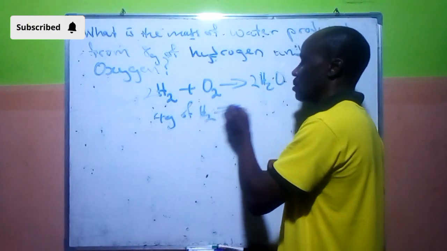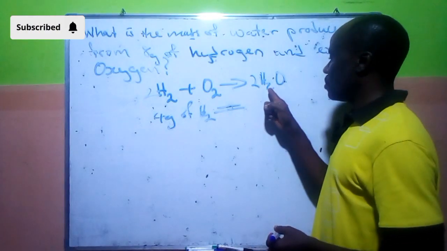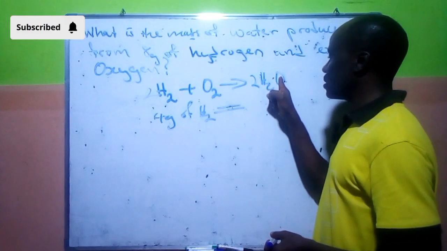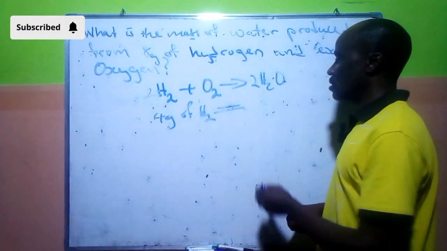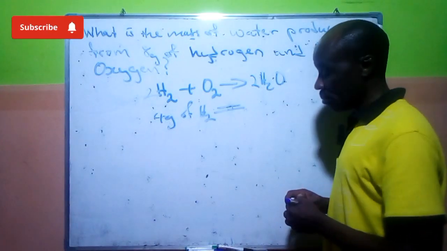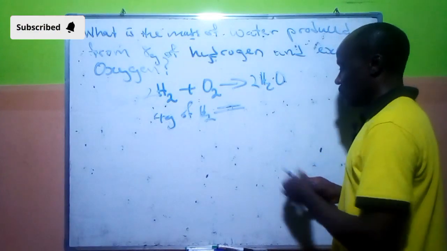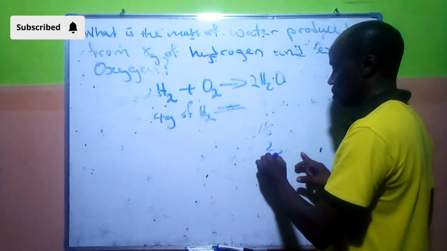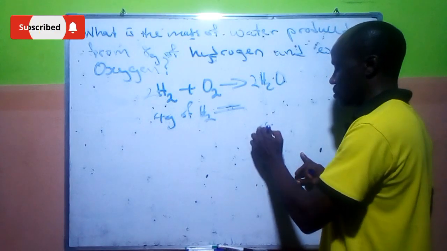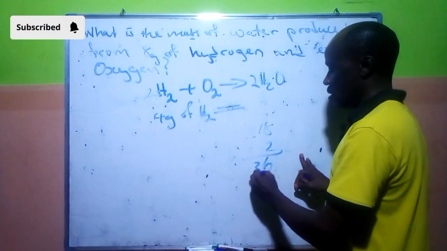4 grams of hydrogen will produce, when we add 16 plus 2, that gives us 18. 18 times 2 gives us 36.